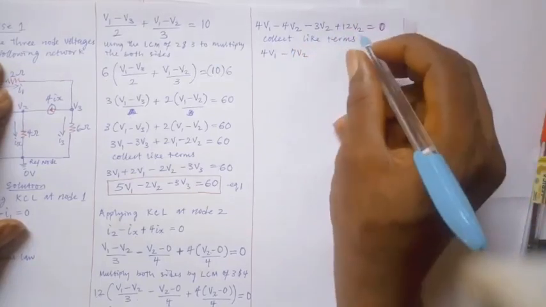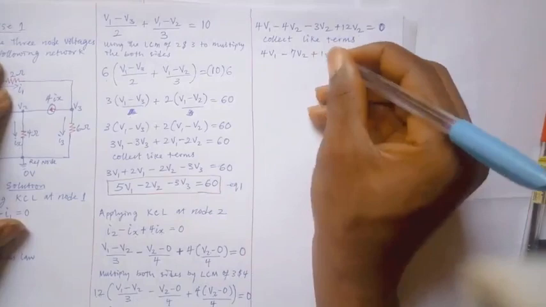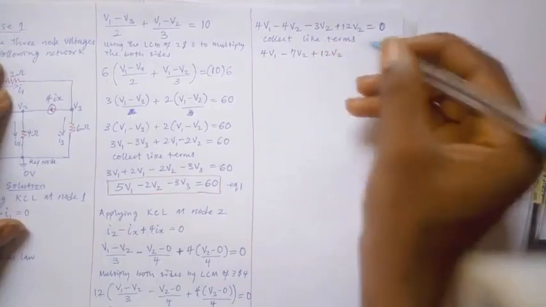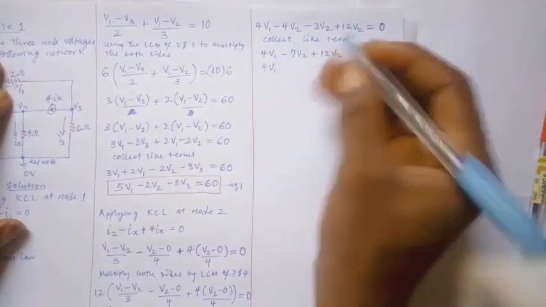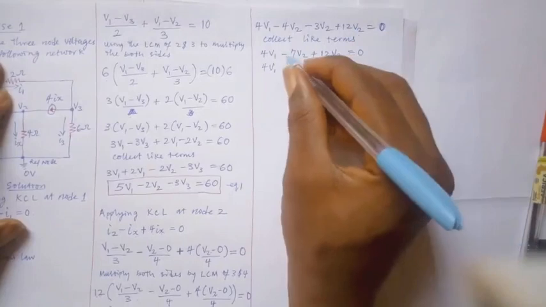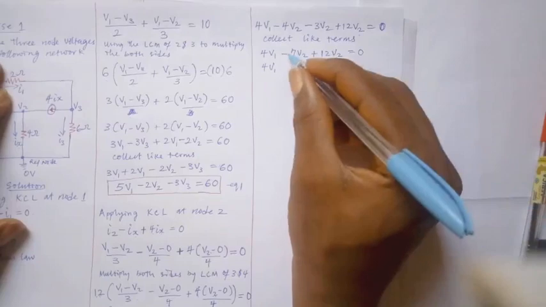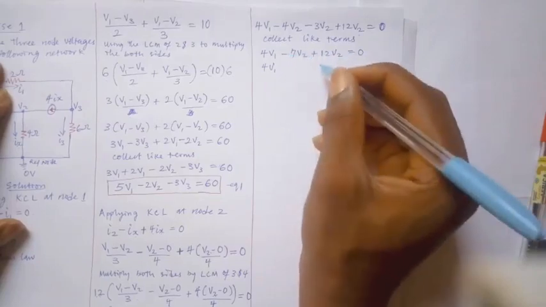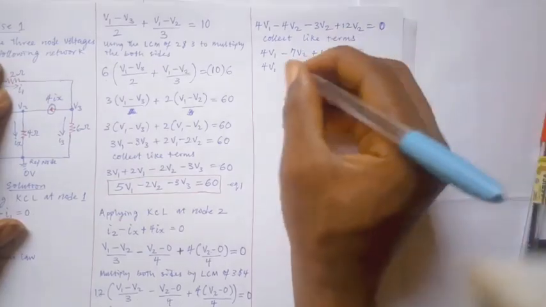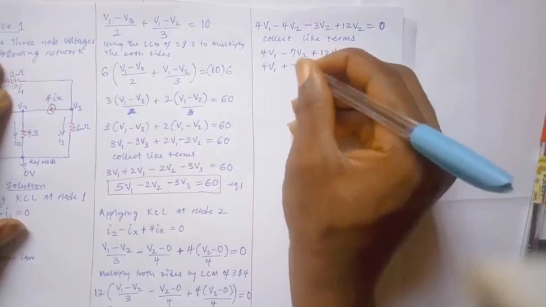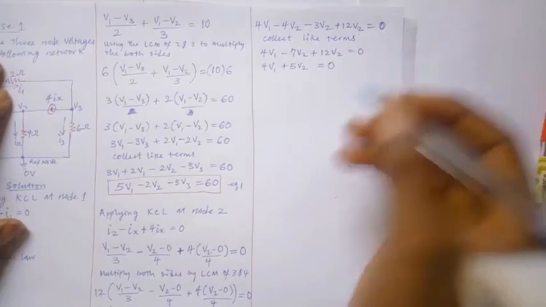You know, we still have V2 here, so let's do the minus first. Then another one, we have plus 12 V2 equal to 0. Now 4 V1. You know we have minus here and we have plus here. So minus 7 V2 plus 12 V2. That is when we deduct this 7 from 12, it will give us what? Think. Don't use your calculator, just think. It's 5. Thank you. Plus 5 V2 equal to 0.